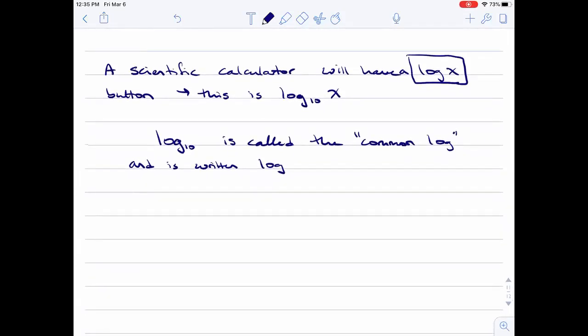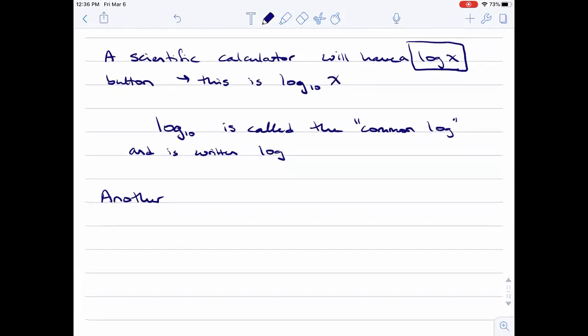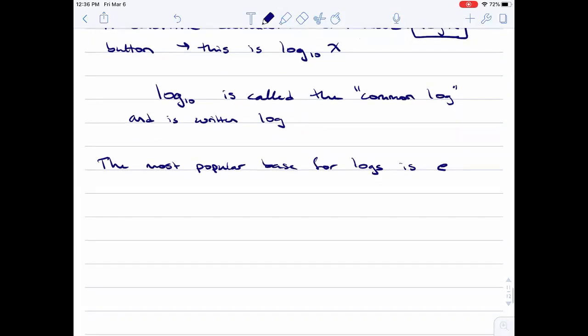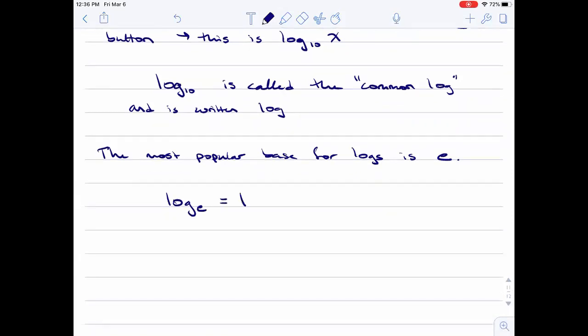If we fast forward a little bit, the other common base that we're going to work in is log base e. That's called the natural log. You hate to say common because we've got the common log. In fact, I'm going to go so far as to say that the most popular base for logs is e. Log base e is written as ln, and it's called the natural log.